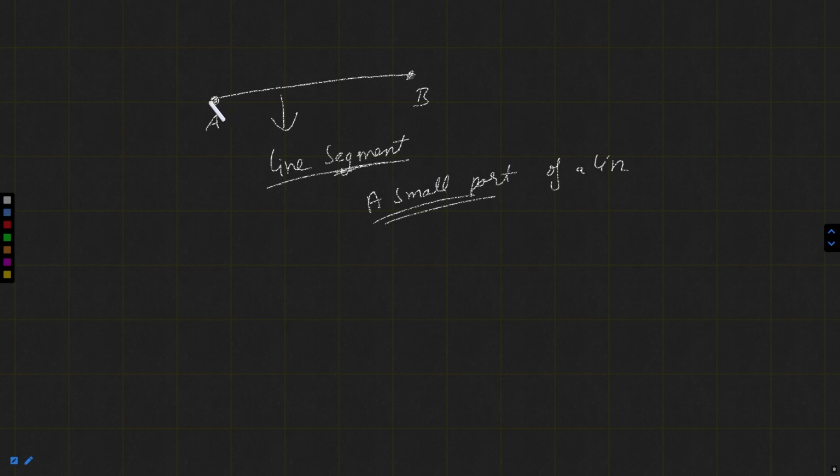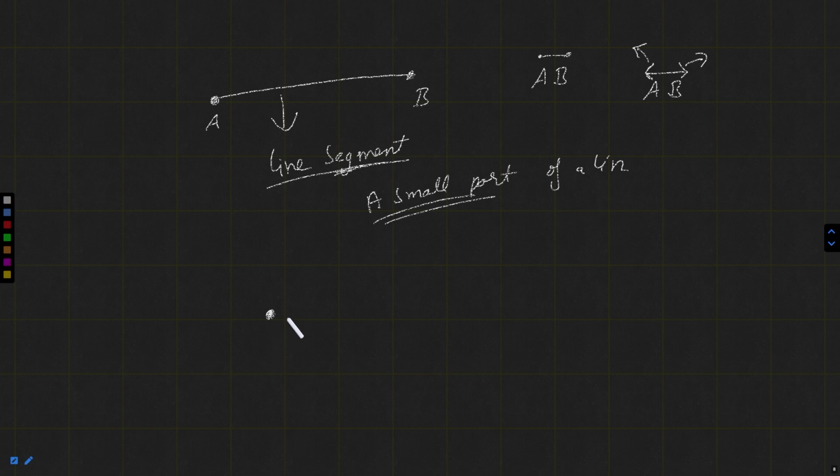So AB is a line segment, and in mathematics we represent it like this. If AB is a line, then we represent it with 2 arrows, which show that it keeps going to the right and it keeps going to the left. There is also one more thing.